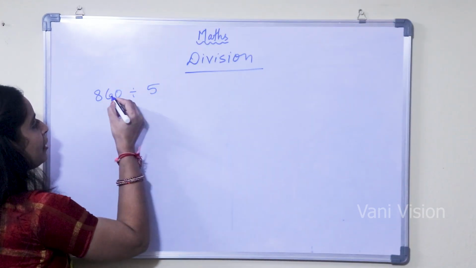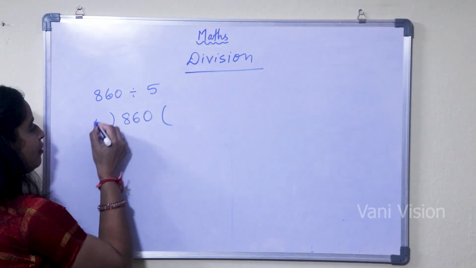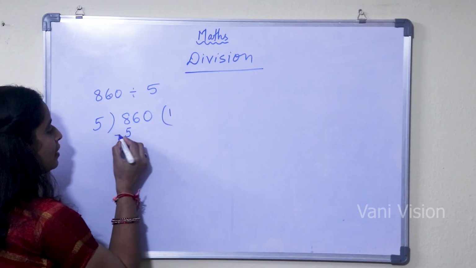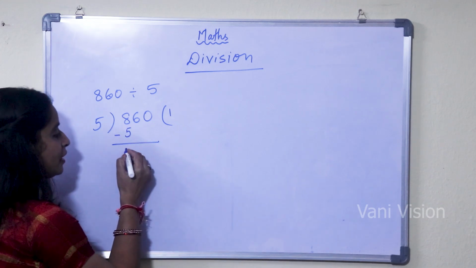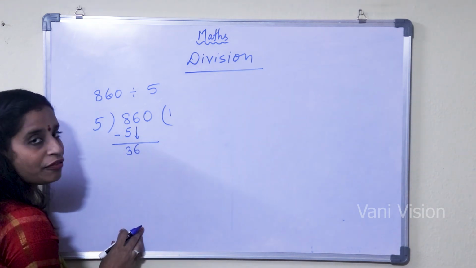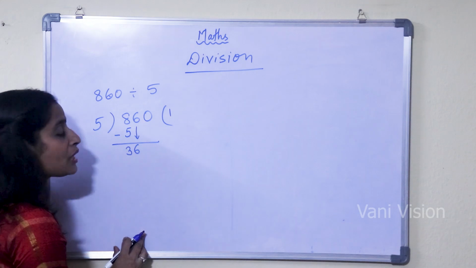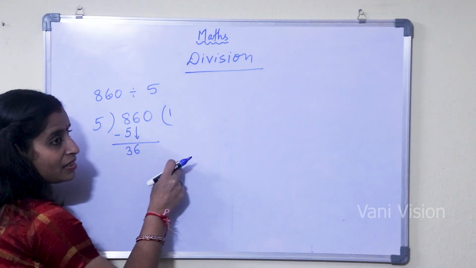860 divided by 5. Now 5 ones are 5, 8 minus 5 is 3, and bring this 6 down. 5 ones are 5, 5 twos are 10, 5 threes are 15, 5 fours are 20, 5 fives are 25, 5 sixes are 30, 5 sevens are 35.